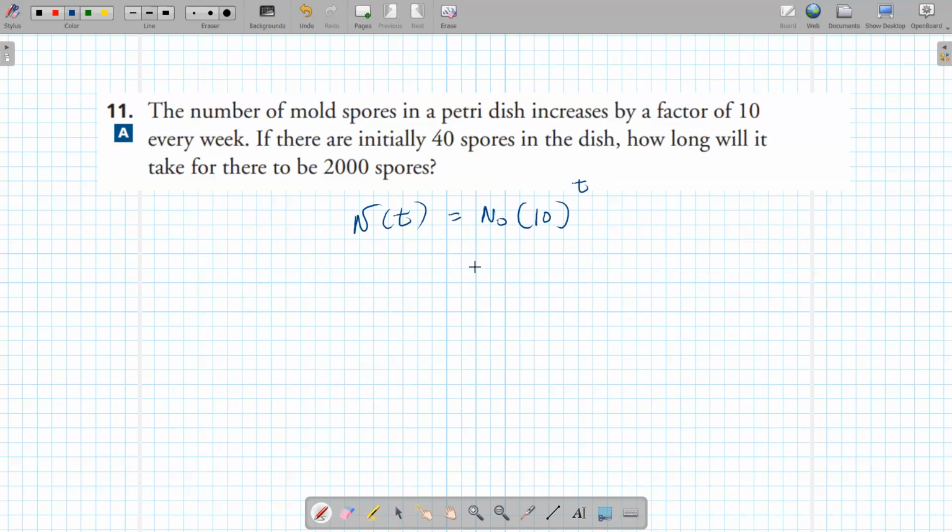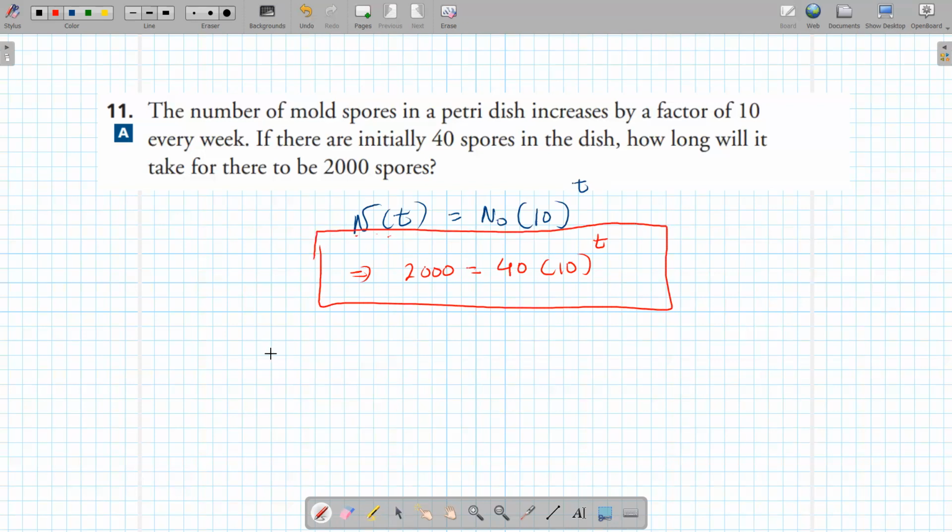This is a formula you'll probably be given if you had to do this on a test. N of t is our y value, the number of bacteria, so we know our y value is 2,000. Initially, we started off with 40, and 10 to the power of t. There we go. This is our equation. This is what you need to get.